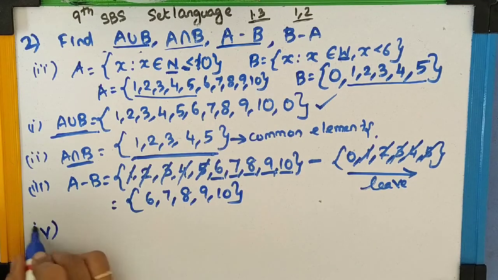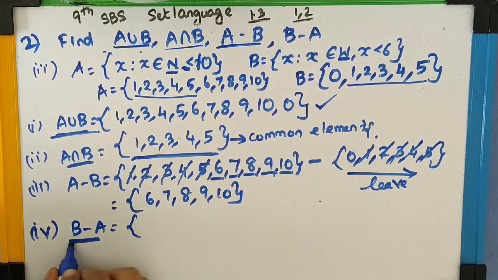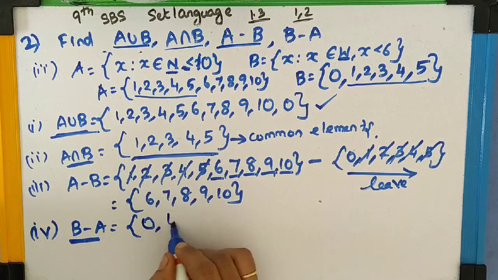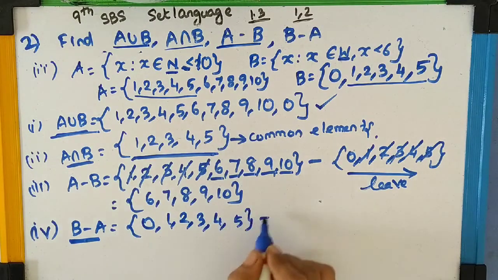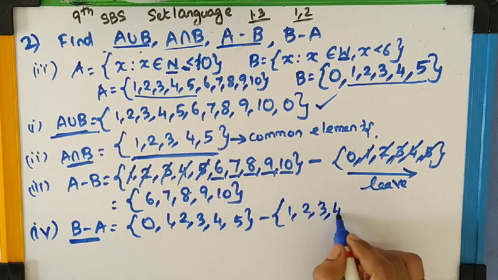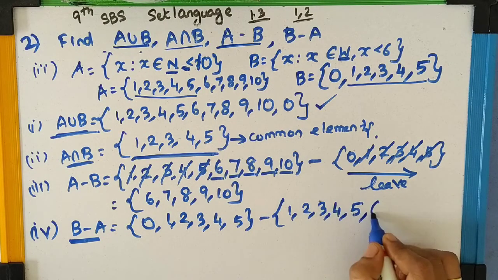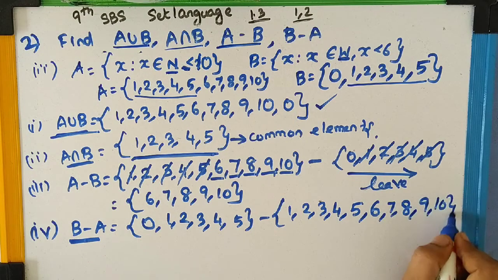Understand? Now what is B difference A? What is B? 0, 1, 2, 3, 4 and 5. Difference. What is A? 1, 2, 3, 4, 5, 6, 7, 8, 9 and 10. Now to find the difference, what should we do?